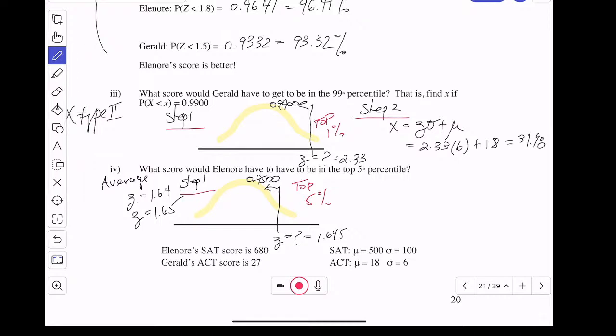Step 2. The z is 1.645. The standard deviation for Eleanor is 100. And the mean is 500. I really appreciate you guys putting out your answers.